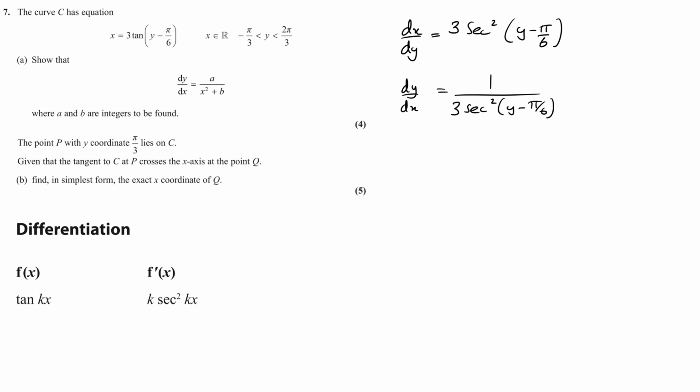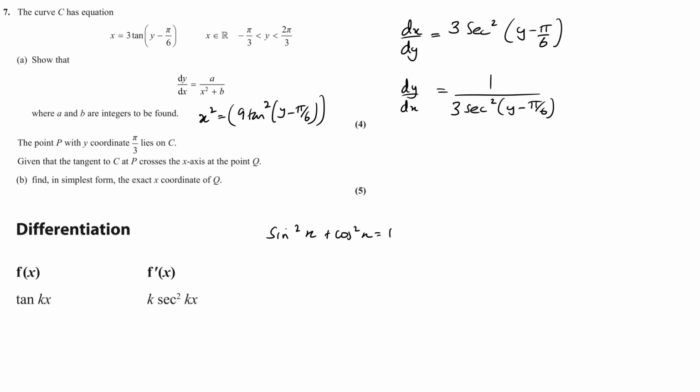Now for the next bit, I know it looks a little bit confusing, but that's x squared plus b. Now this is x. So what we're really looking at is that x squared we want would be 9 tan squared of y minus pi by 6. That's what we need to do. Now, thinking about this, sine squared plus cos squared equals 1.